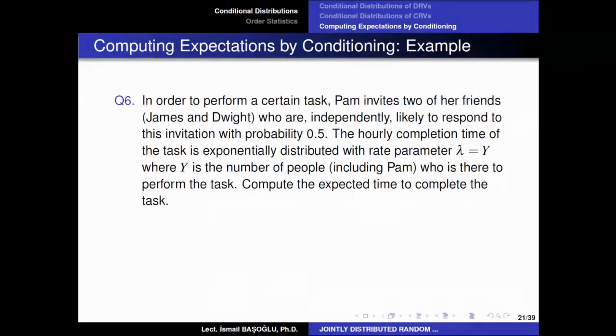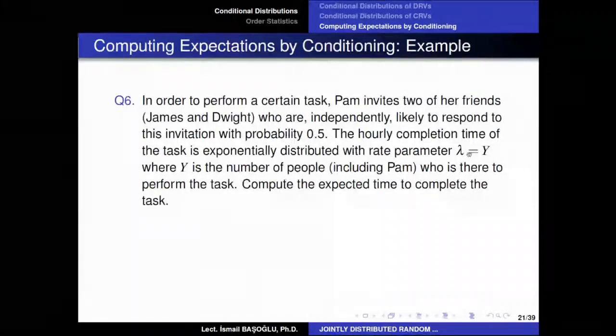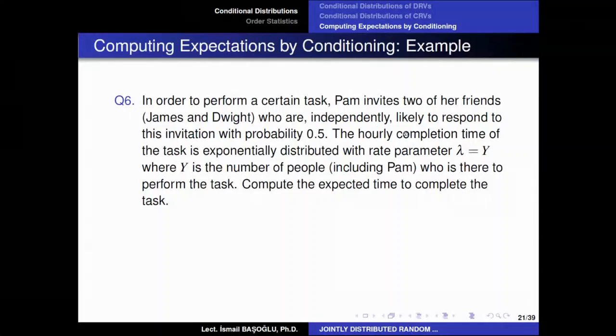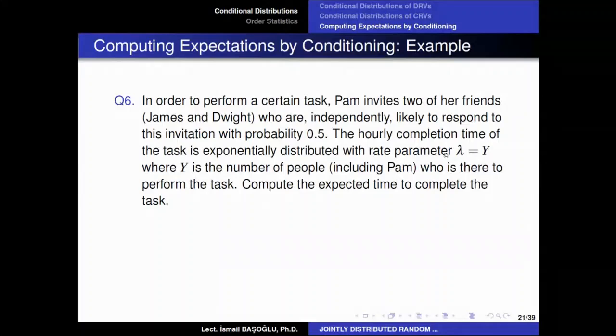The hourly completion time of the task is exponentially distributed with rate parameter lambda, it says. So when we intend to perform this task, the hourly completion time is going to be exponentially distributed with rate parameter lambda, but lambda is equal to another random variable, Y. Y is the number of people, including Pam, who are there to perform the task.